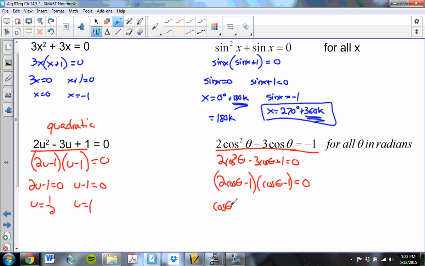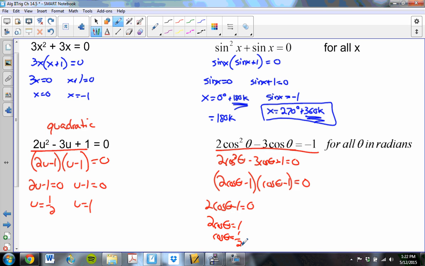Well, where does cosine theta equal a half? So I add a 1 to both sides, so 2 cosine theta equals 1. So cosine theta equals a half.